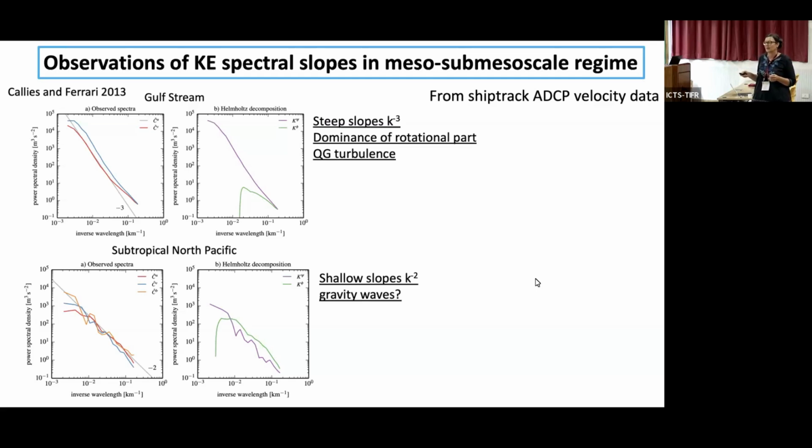When you do a Helmholtz decomposition, then you also get a dominance of rotational parts. Whereas in the subtropical North Pacific, you get shallower slopes, and you get these two divergent and rotational components that are more comparable to each other.